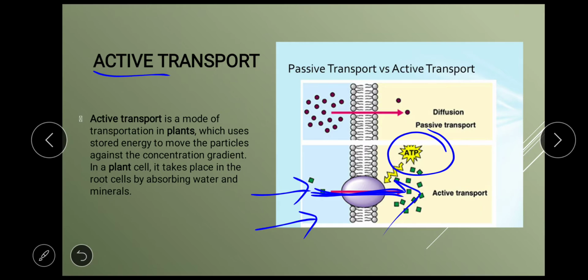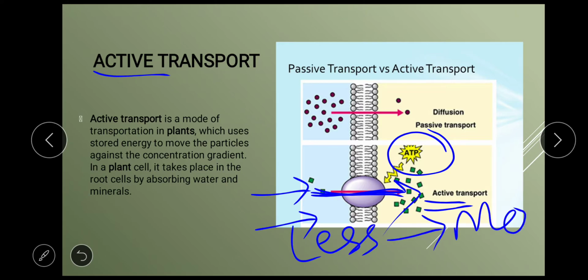And this type of transport from less to more is called active transport. So let's read the definition. Active transport is the mode of transportation in plants which uses stored energy to move particles against the concentration gradient.